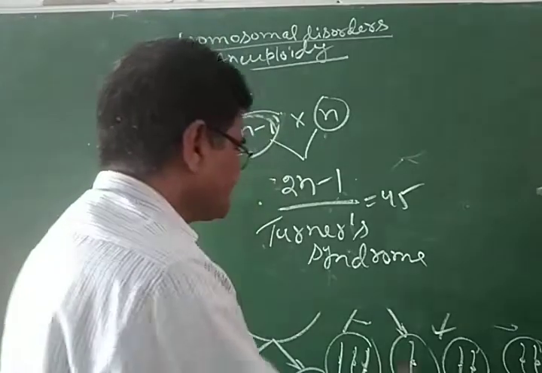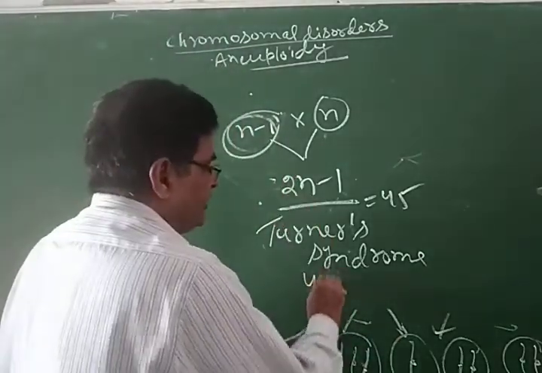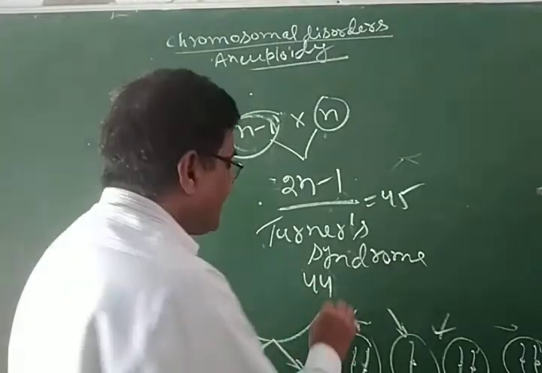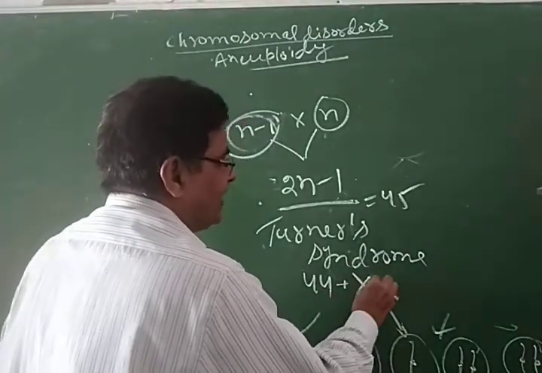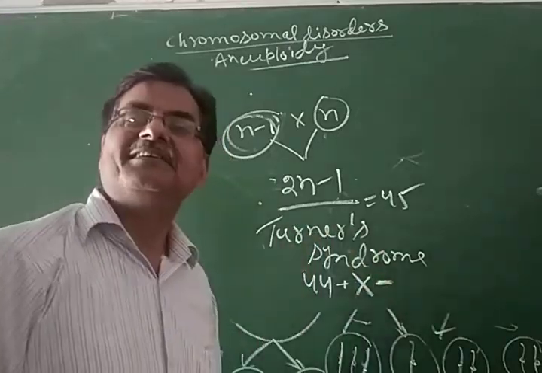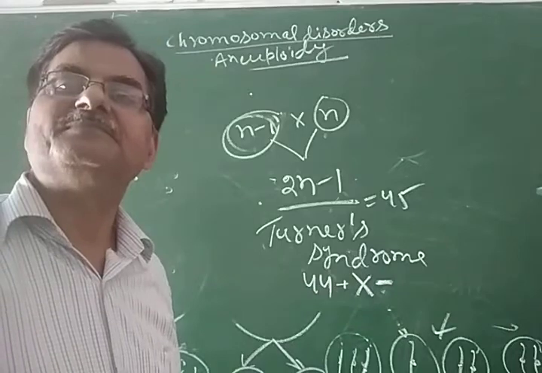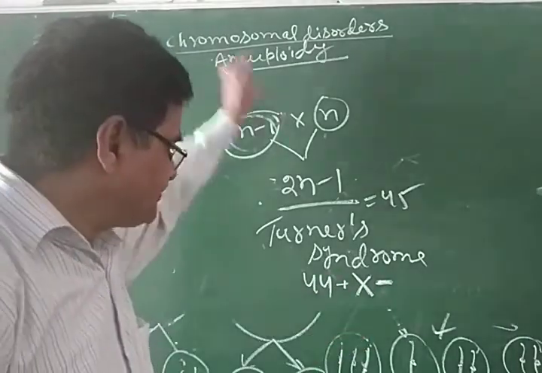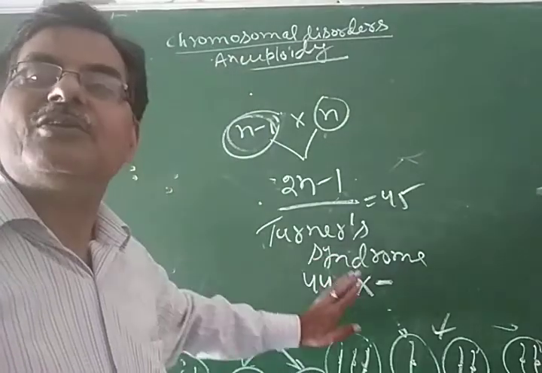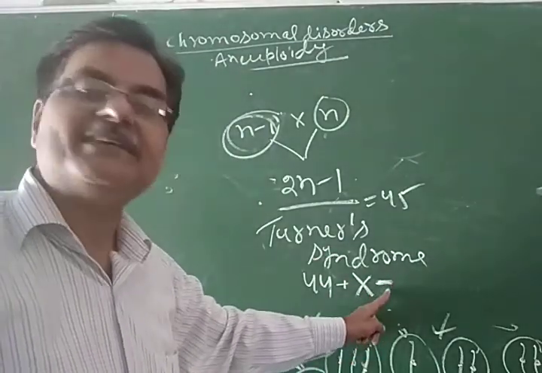What is the condition? This is 44 autosomes plus 1 X chromosome, meaning 1 X is lacking in this individual. In the normal female there should be XX, but another X is lacking.